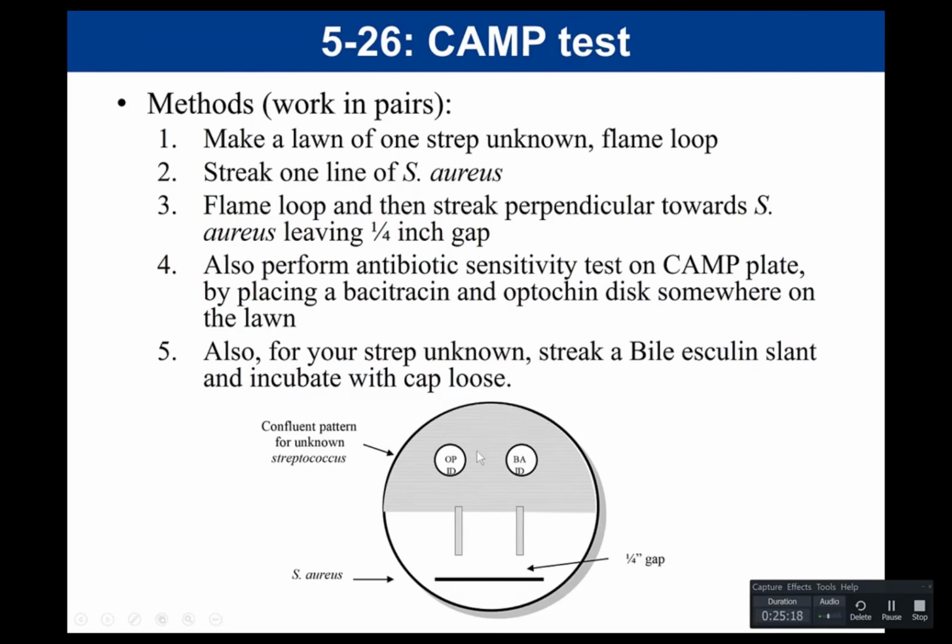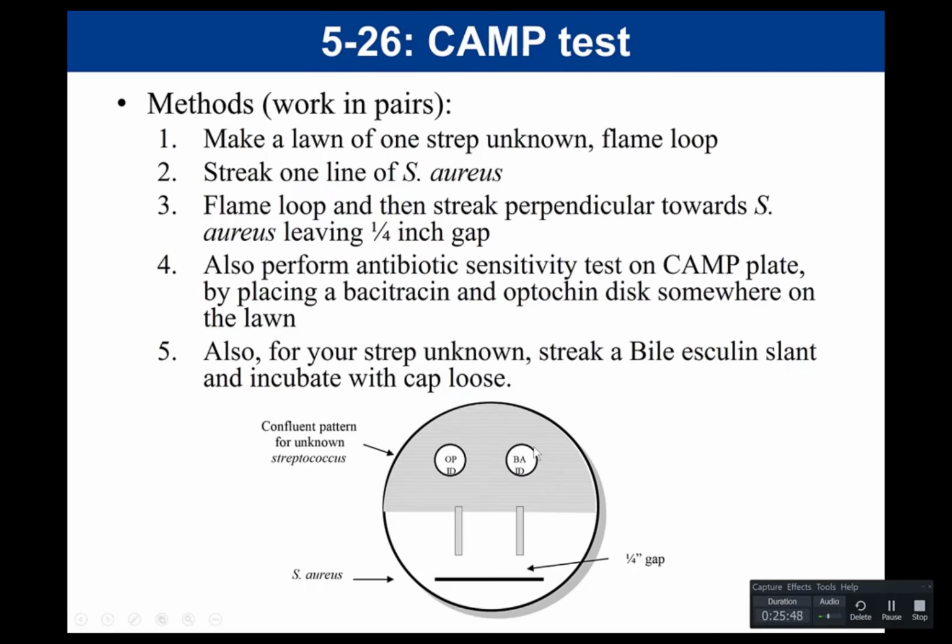You would streak your unknown strep species, two broad streaks down, leave a short gap, and then streak Staph aureus on the bottom of the plate. The lawn, the streaks down, and the Staph aureus, that is the CAMP test.